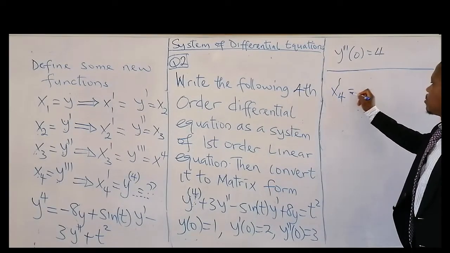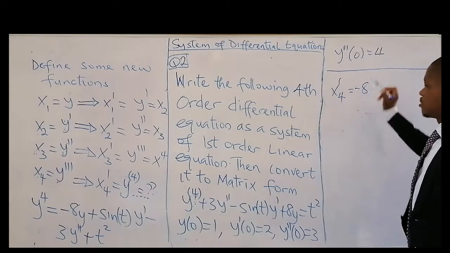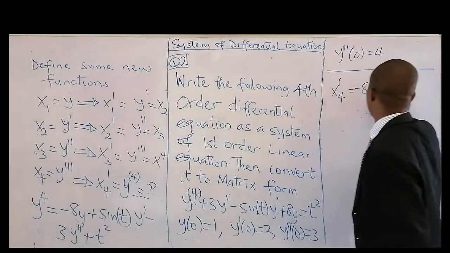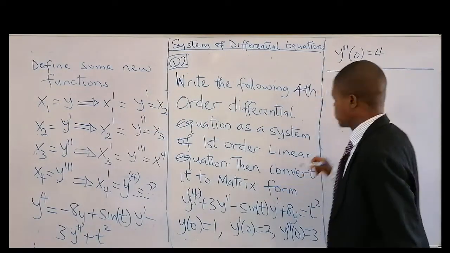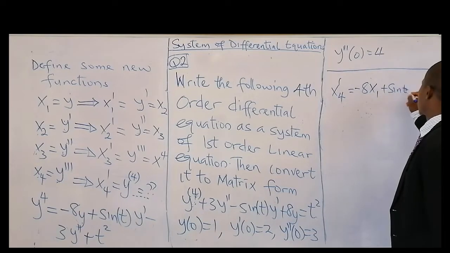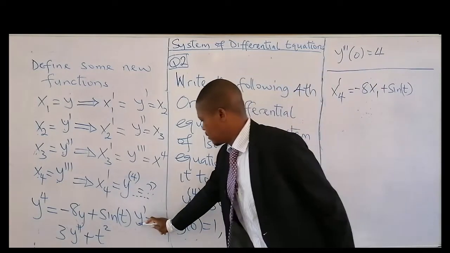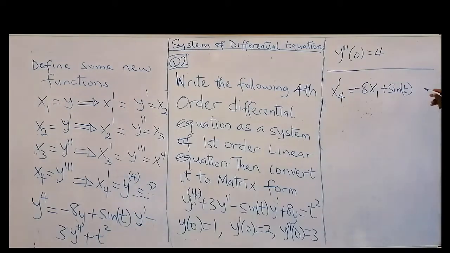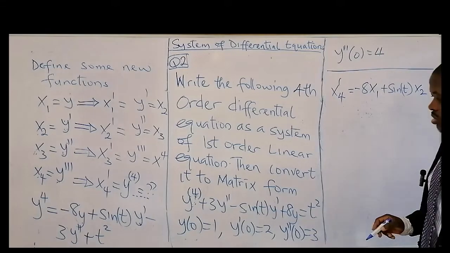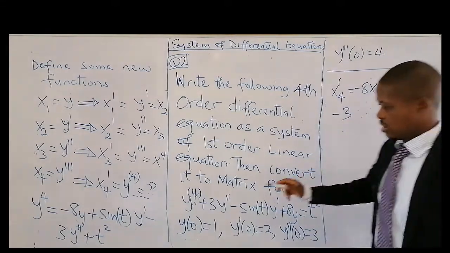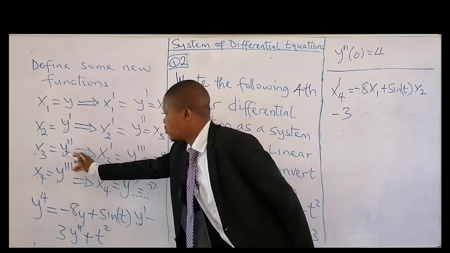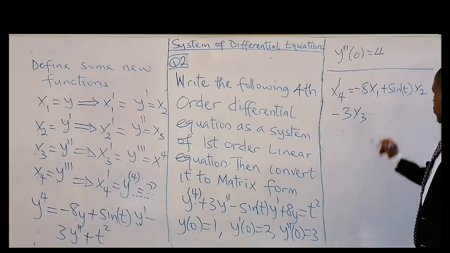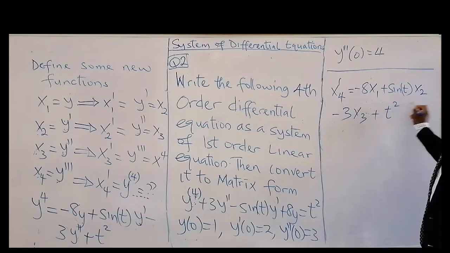We now have x4 prime equal to minus 8 y, and y is equal to x1, then plus sine t times y prime, the first differential of y, which is x2, then minus 3 times the second differential of y, which is x3, and then plus t squared.